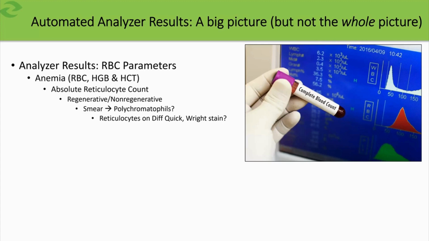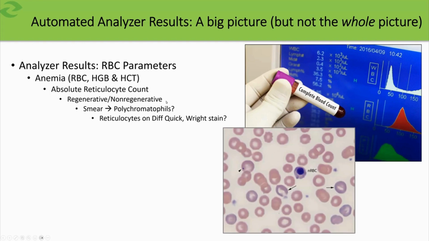However, with that being said, most of the hematology analyzers available in clinic that do perform reticulocyte counts are pretty accurate, within a few thousand per microliter. So it's not always necessary to evaluate a blood smear to determine if there's a regenerative or non-regenerative response.